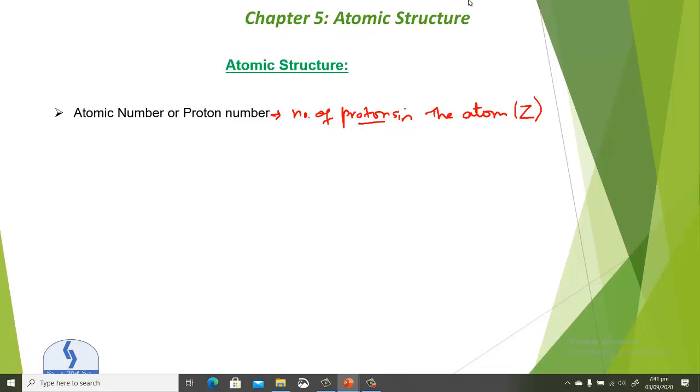What is mass number? Mass number, we can also call it the nucleon number, or the atomic mass number.